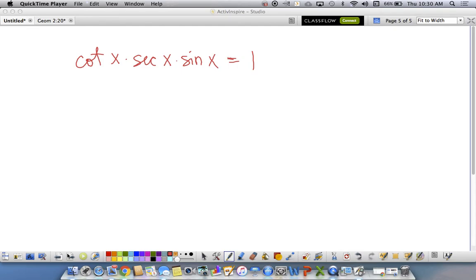Rewrite. Is there just two quotient identities?